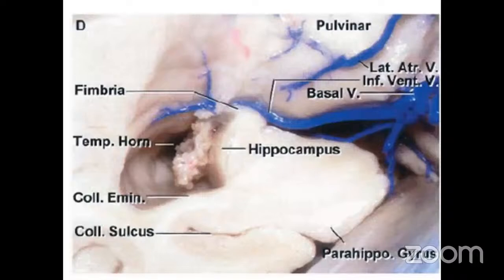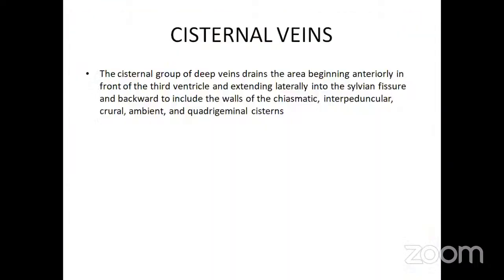This is again an enlarged view of the inferior ventricular vein, and it passes through the choroidal fissure located between the fimbria and the lower surface of the pulvinar, and it goes to drain in the internal cerebral vein, and that internal cerebral vein then joins with the basal vein.